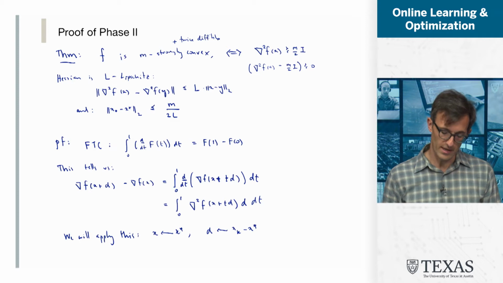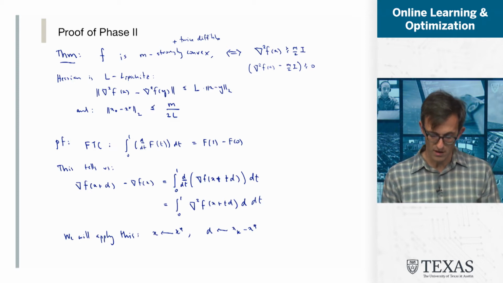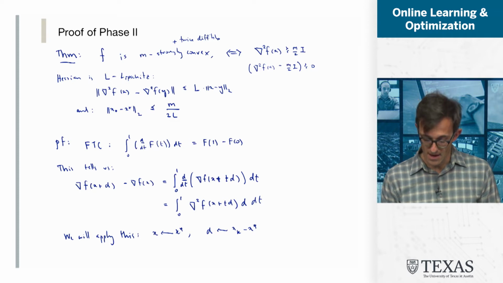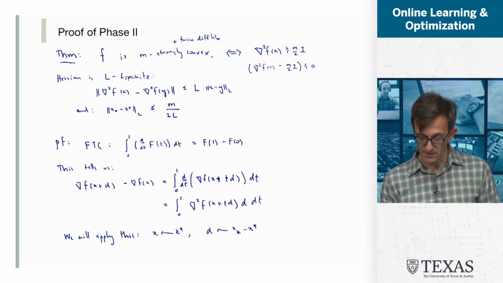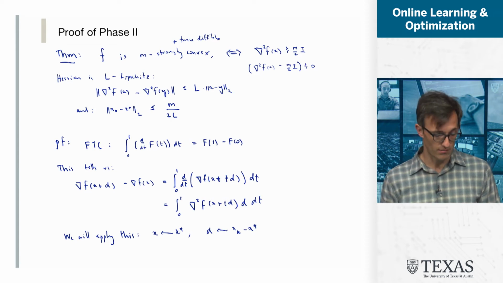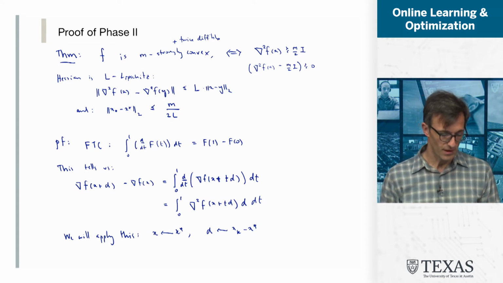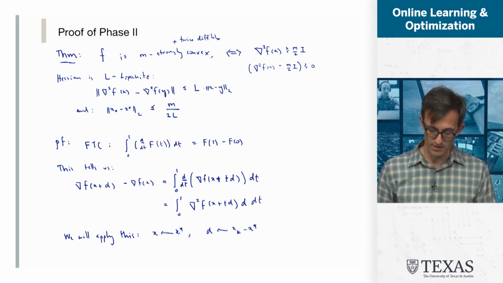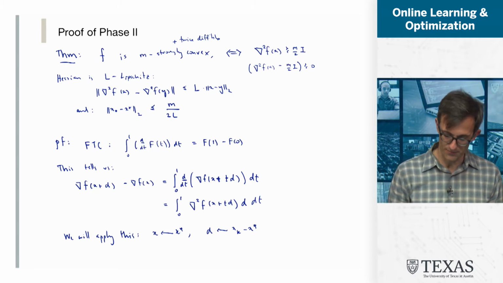I'm going to do this on the next page, but you can see what we're going to get. We're going to get the gradient of f evaluated at not x plus d, but x star plus xk minus x star.